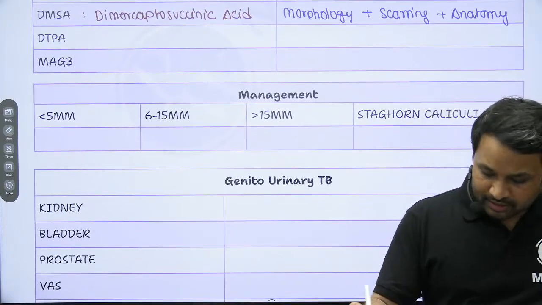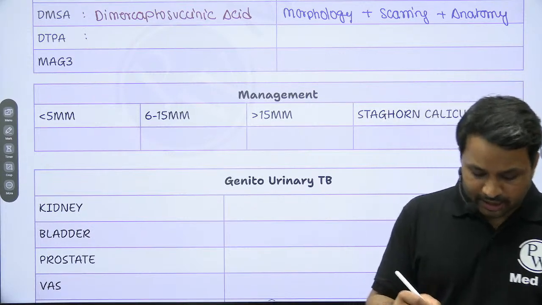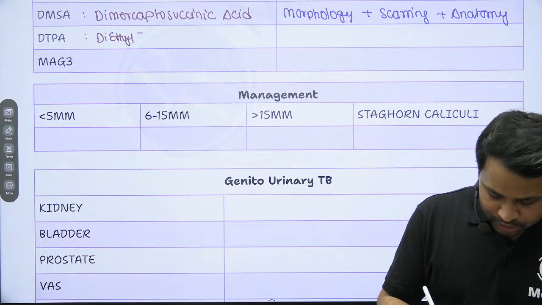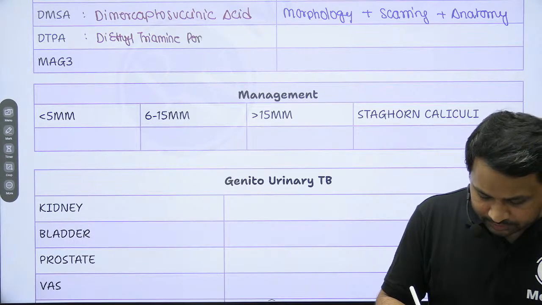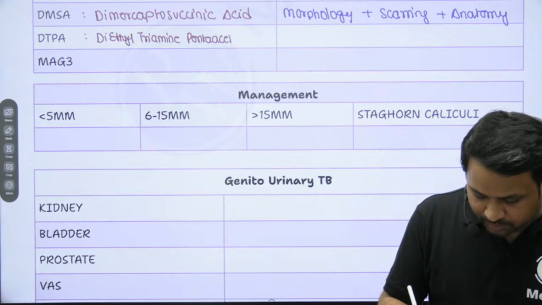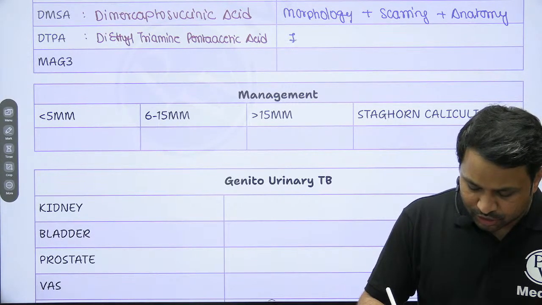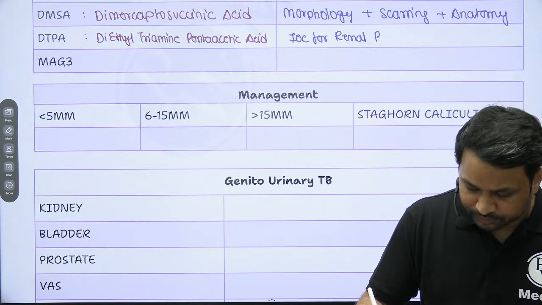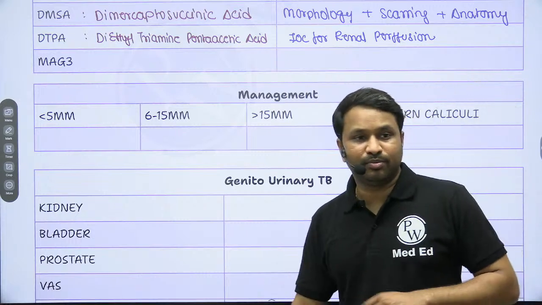Then you have DTPA, which stands for diethyl triamine pentaacetic acid. This is the investigation of choice to assess renal perfusion.